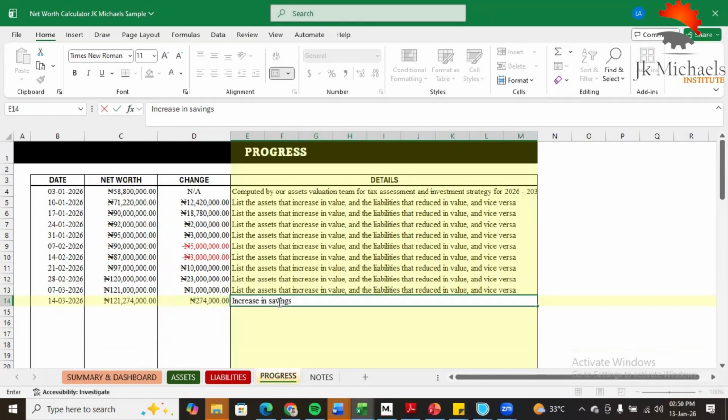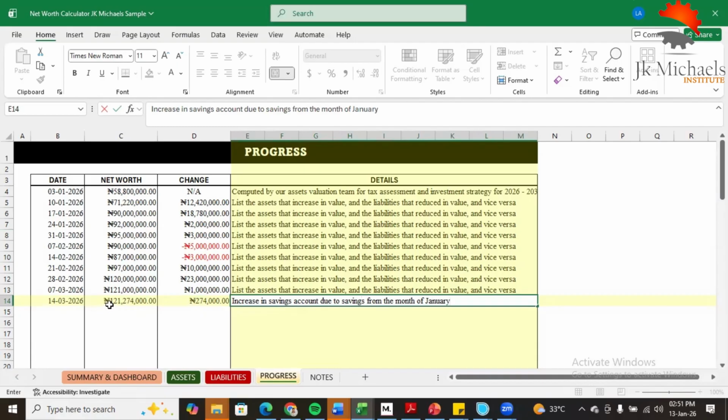We will say, okay, increase in savings account due to savings from the month of January, right?